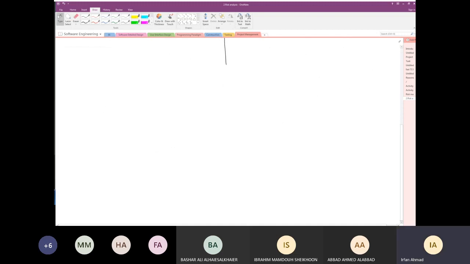Now we go to the next part, which is what we call risk planning. How do we plan for those risks? Now, what do we mean by planning for the risk? There are three major things. One aspect is called risk avoidance.